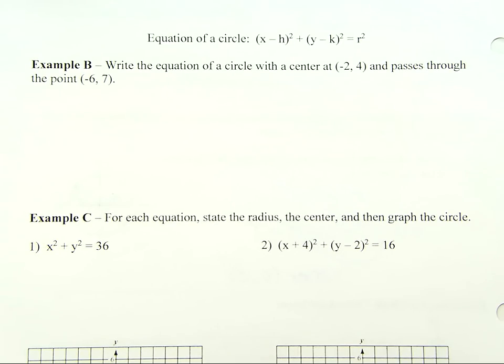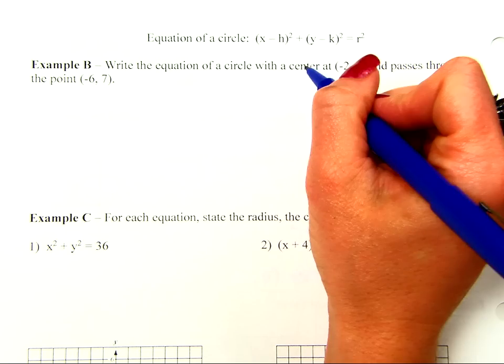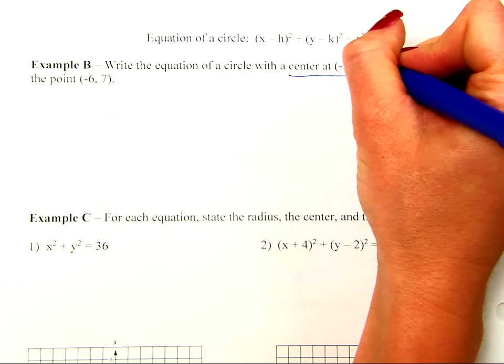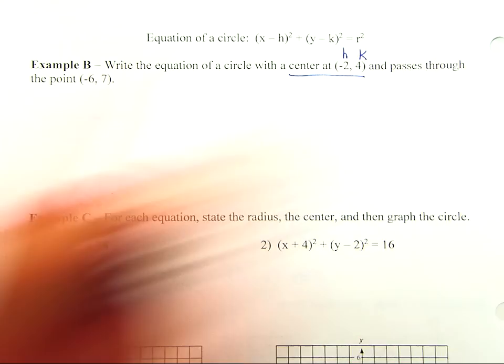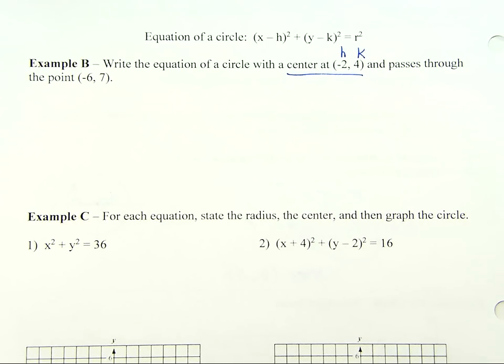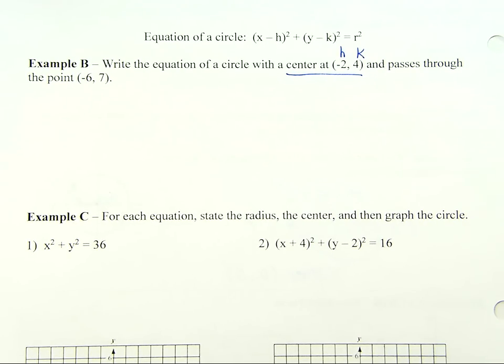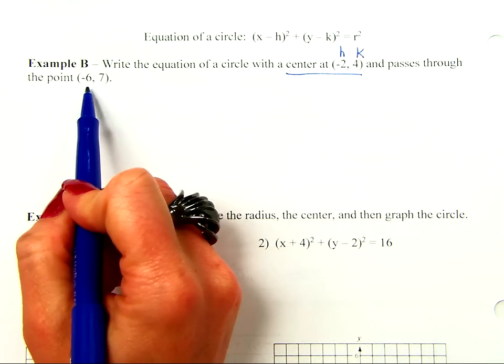Example B, they would like us to write the equation of a circle with a center at (-2, 4), and it passes through the point (-6, 7). So here, my center point, I know we have an h, k. What I don't have is a radius. I do know it passes through the point (-6, 7).